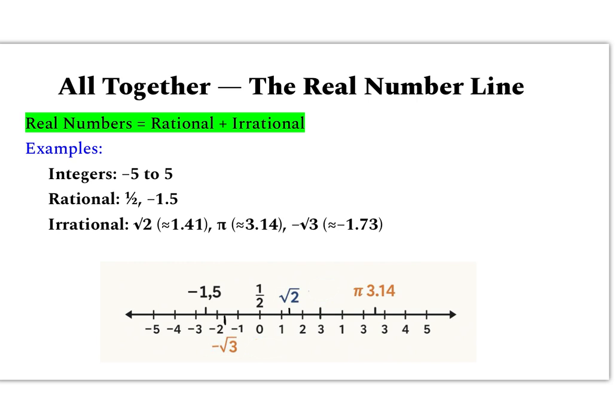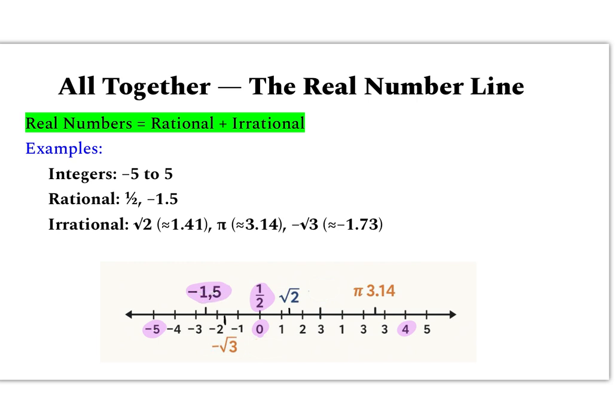Let's bring it all together. On a real number line, you will find integers like -5, 4, or 0. You will also find rational numbers like half and -1.5.